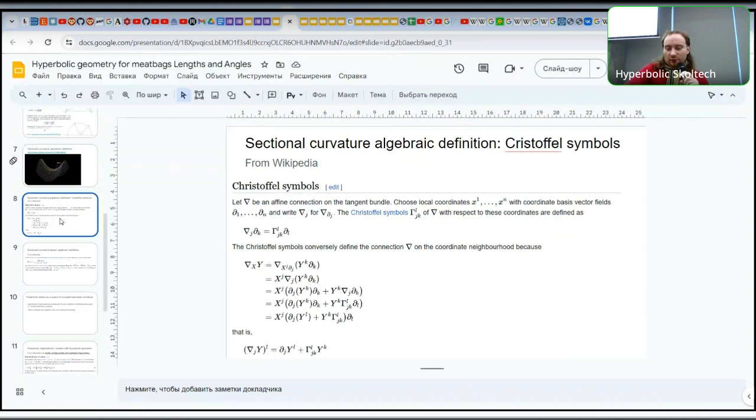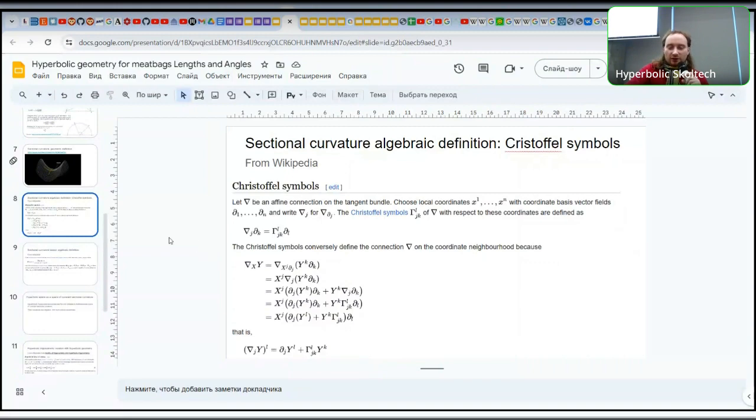I don't want to go deep in this topic, but for a deeper understanding of it, you should take differential geometry classes.